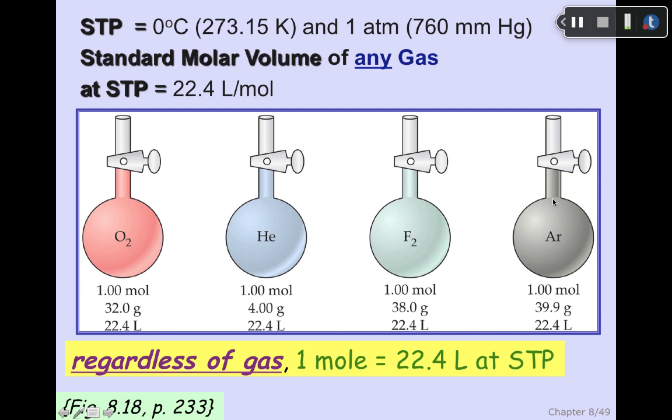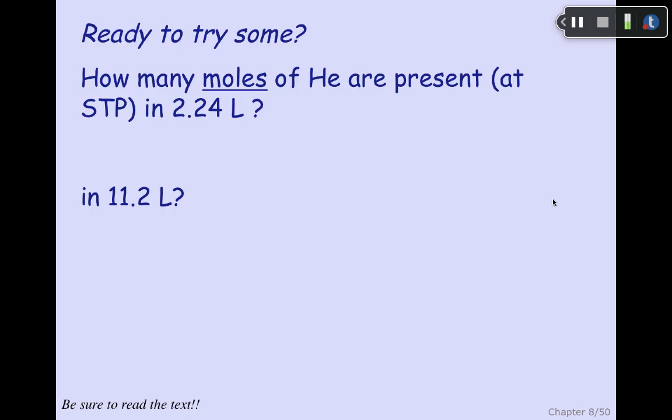This is a nice diagram from your text. You might want to make sure you cement that in your thoughts as you study. Let's try some now. How many moles of helium are present at STP at 2.24 liters? Well, let's think about it here. The relationship I gave you was 1 mole is equal to 22.4 liters at STP.